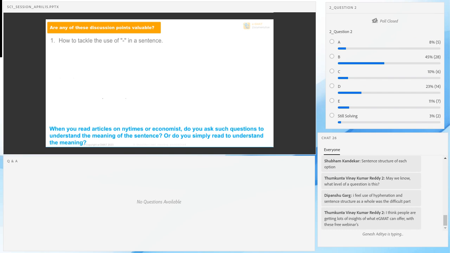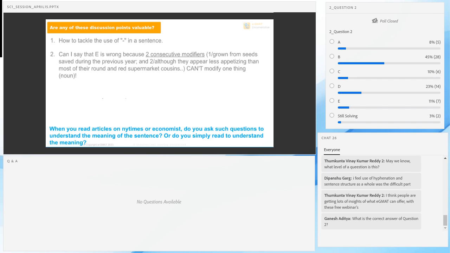Then you don't have to worry about dash. And frankly, GMAT is not going to create an answer choice in which the use of dash will be the only error. It's not a deterministic error. The correct answer of question 2 is choice B. So again, these are things you have to keep in mind.